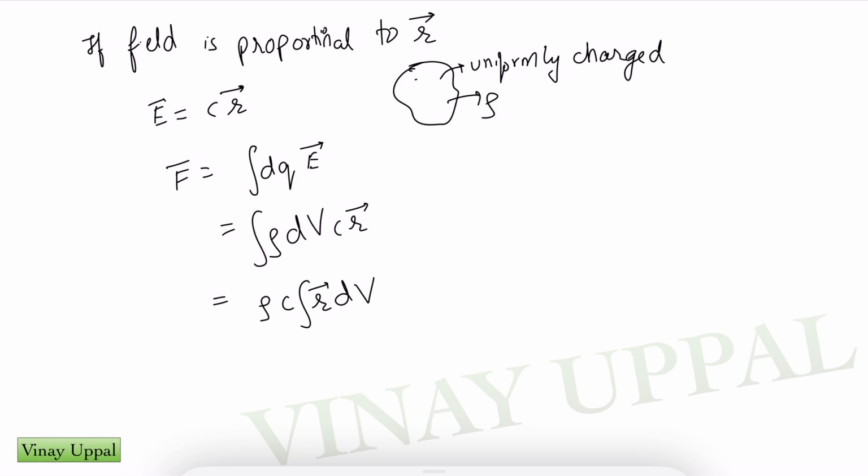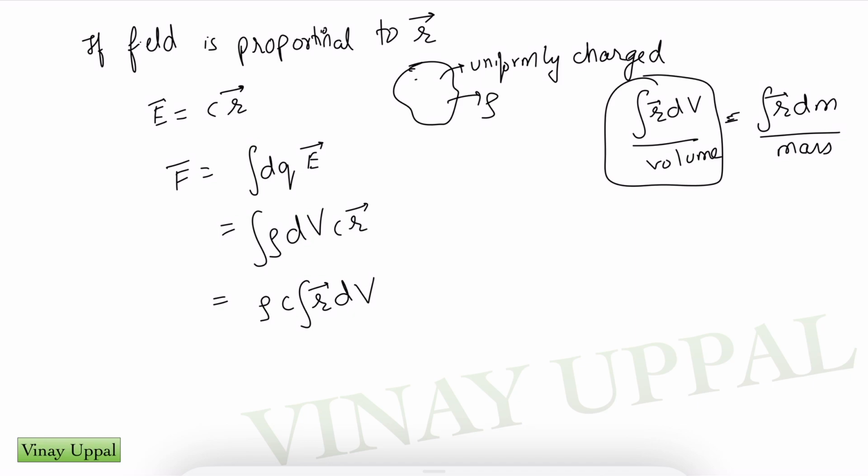So now, in order to write down the integration of integral r dv, we want to avoid the actual integration. Because we can treat it as a uniform body, I should be able to write that integral r dv divided by the total volume should be equal to integral r dm divided by total mass. What have I done? I have multiplied numerator and denominator by the mass density.